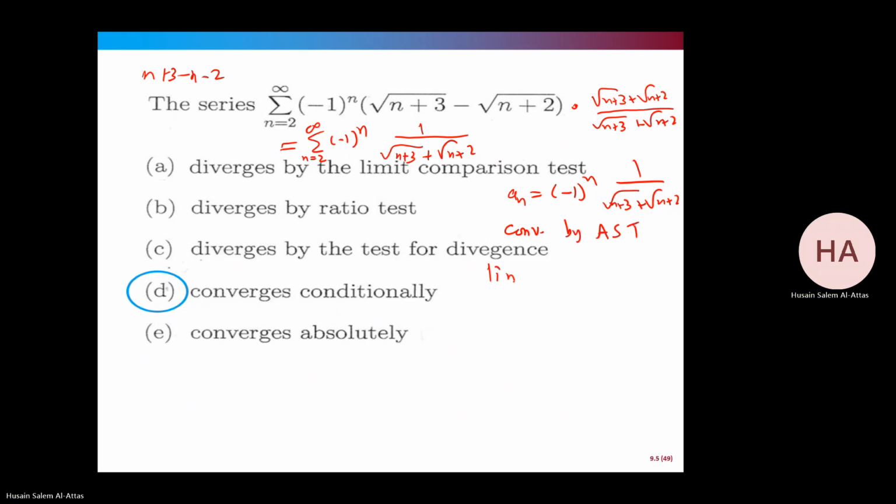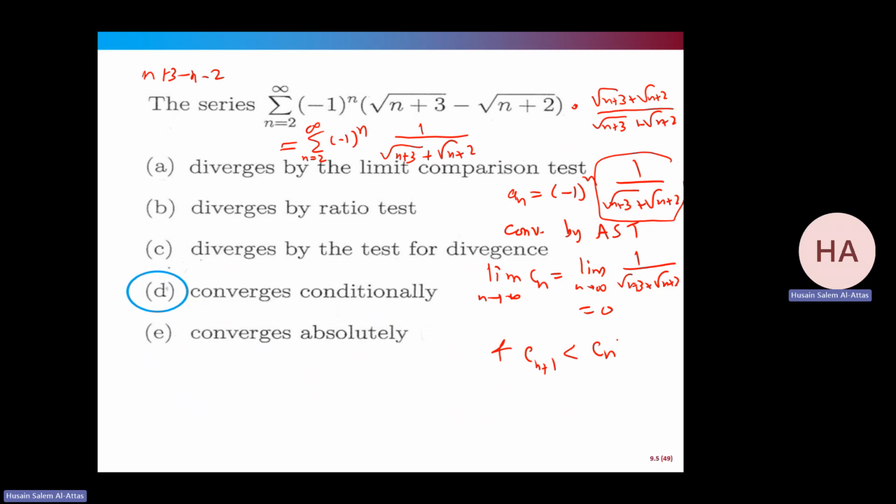Why? The limit of c_n, if we take c_n to be this one without the (-1)^n, equals 0. And c_(n+1) will be less than c_n, since the denominator will be bigger.